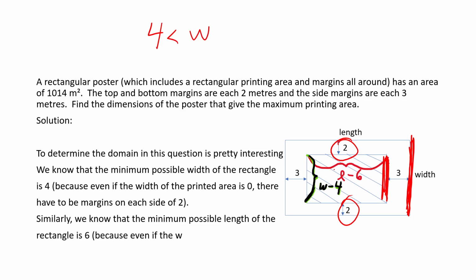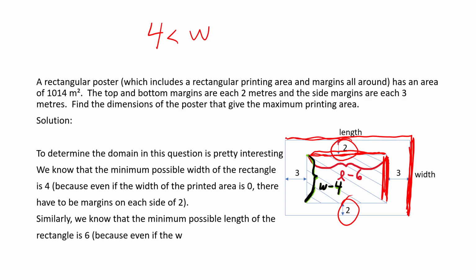Now, determining the maximum value for W is a little bit more complicated. But what we're going to do is think of the minimum value for L. L refers to this horizontal line. The maximum value for the vertical line will occur when we get the minimum value for the horizontal line. The minimum value for this interior horizontal line could be virtually 0.